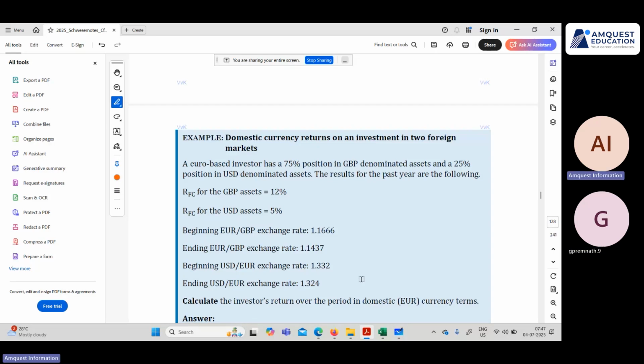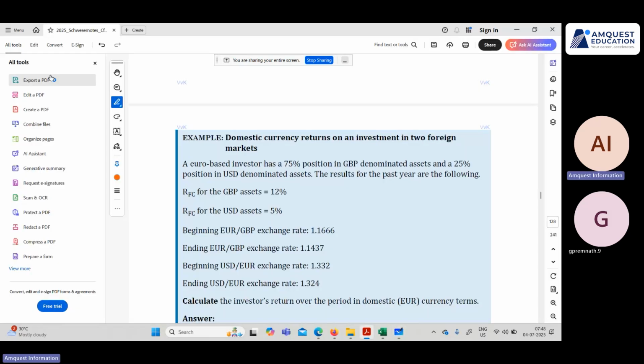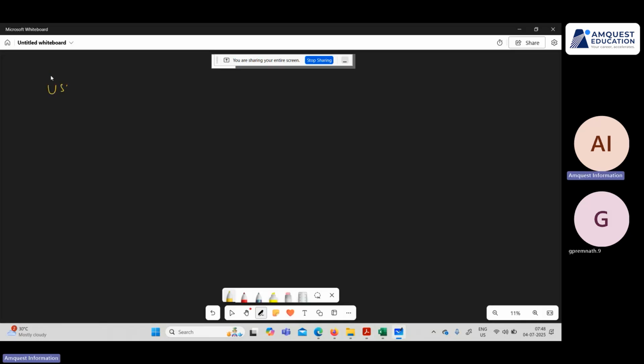Let's see. We know that for a... what is the home currency? USD. So USD by GBP we are doing right now. Can I say that our FC is 12%?